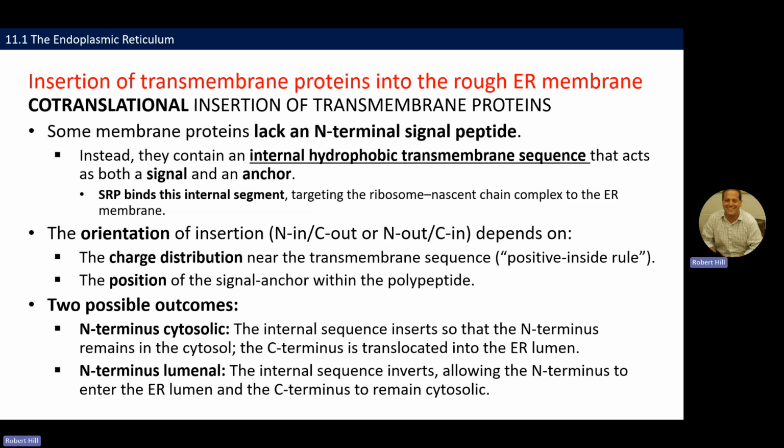Right, and then here's where it can get a little tricky. Whether it's going to orient so that the N side is inside the ER or the C is inside has to do with charge distribution relative to the transmembrane hydrophobic sequence. All right, it follows this positive inside rule.